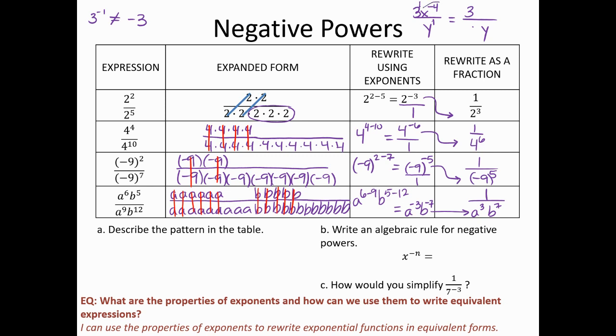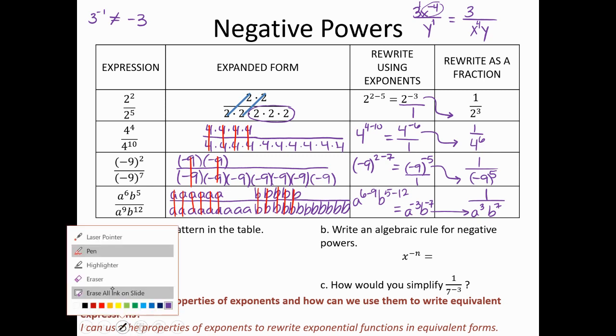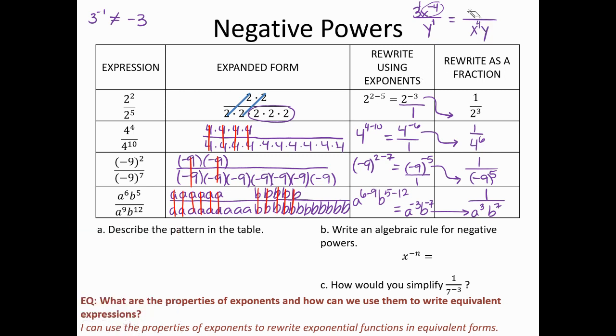But the x to the negative 4 is unhappy. It's got a negative exponent, which means it really belongs in the opposite location. It's currently in the numerator, so I'm going to move it to the denominator, and now my exponent is positive. So that would be the answer, 3 over x to the fourth y.